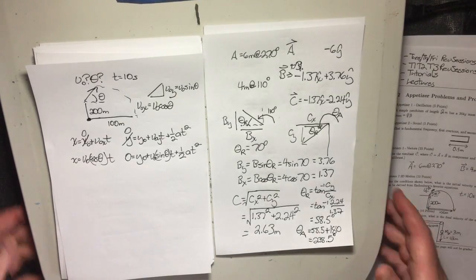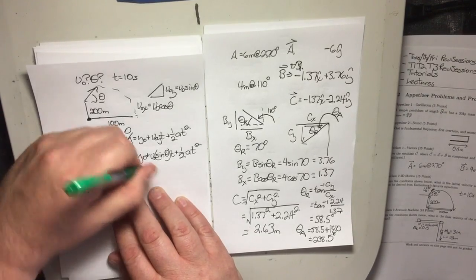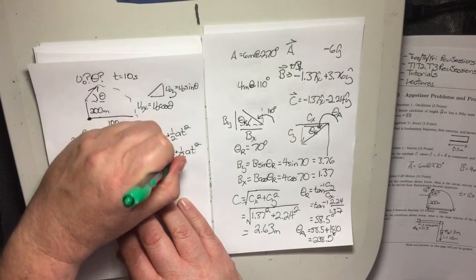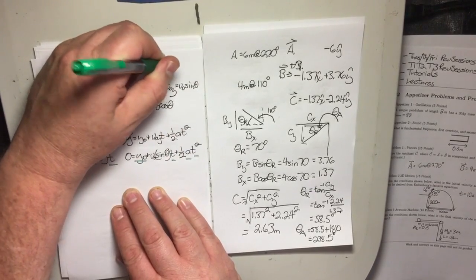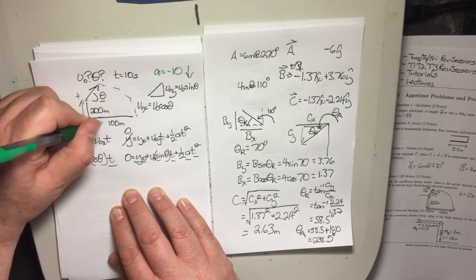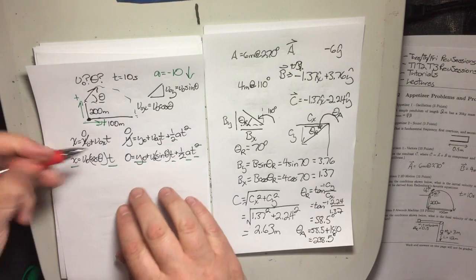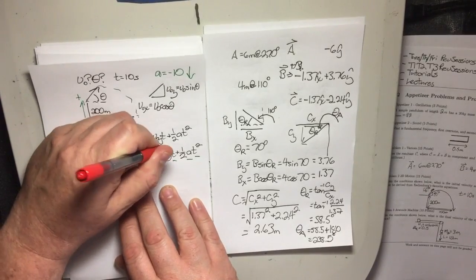Identify knowns and unknowns. Green and below is a known, red and above is an unknown. So my unknowns are X, Y naught, T, A is -10, because in this coordinate system, up is positive and right is positive. I'm looking for theta and V naught. So those are my unknowns.